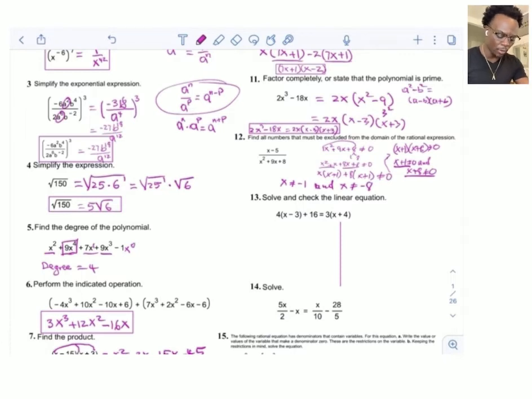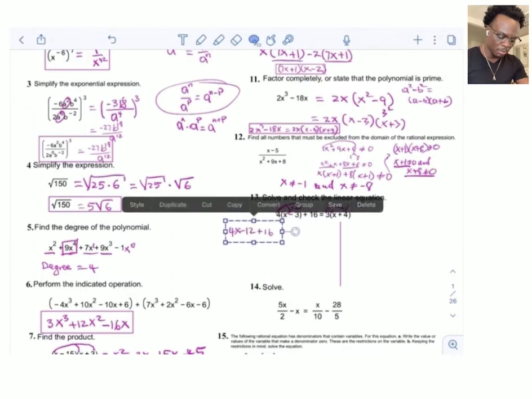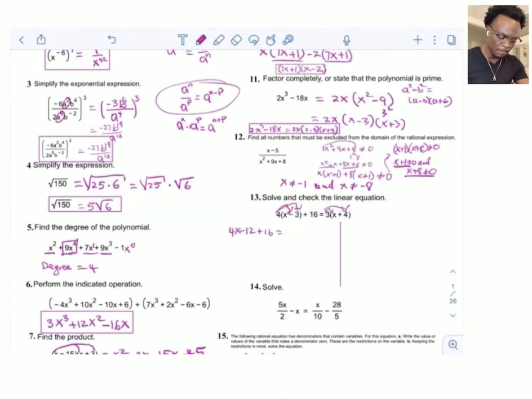So let's solve it. First, let's distribute 4 inside and 3 inside. So that is 4x minus 12 plus 16 equals 3x plus 12.